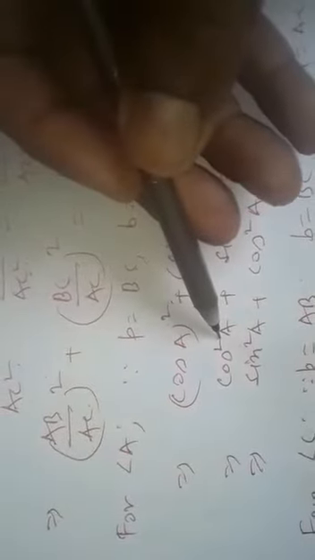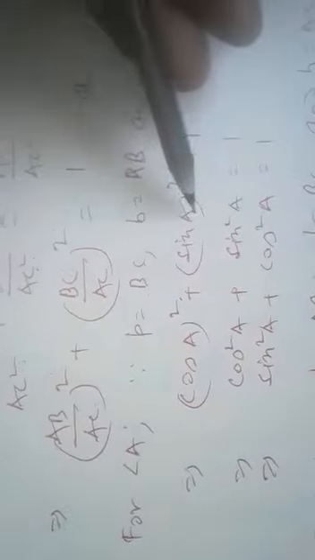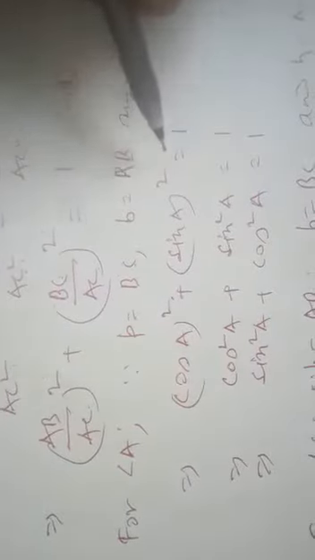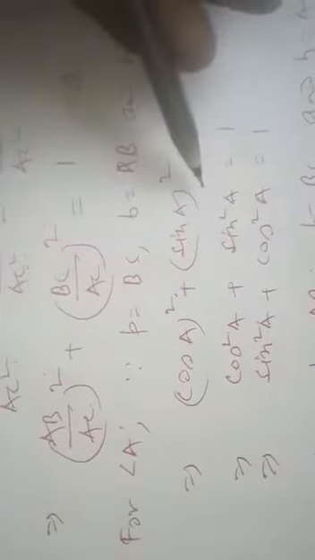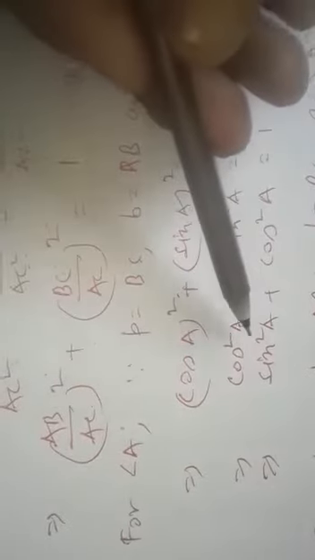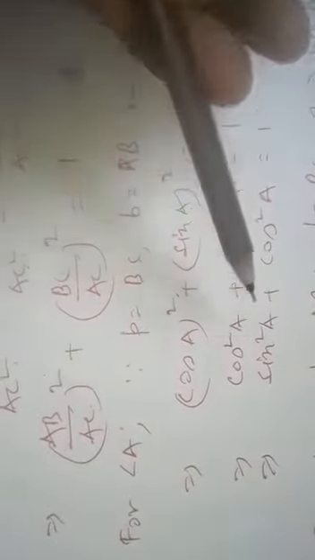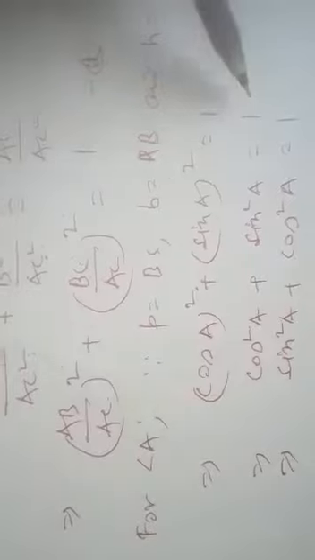Now cos A to the whole square will be written as cos square A, and sin A to the whole square will be written as sin square A. So either you write cos square A plus sin square A is equal to 1, or you can write sin square A plus cos square A is equal to 1. You can verify it the same for angle C also.